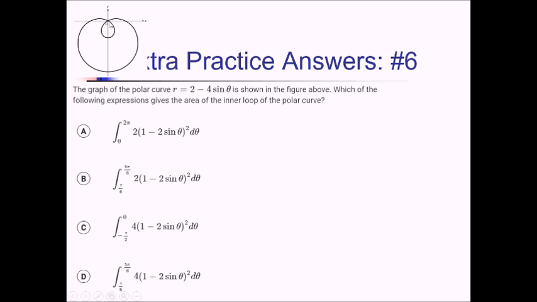So let me start by setting this stuff equal to 0, and then solving for theta. So if I subtract 2 and divide by -4, we can say sine of theta equals 1/2. And I know sine of 30 degrees is 1/2, so is sine of 150 degrees. So then I can say theta equals pi over 6 and 5 pi over 6 if I convert those into radians, which I need to do because, hey, it's calculus.